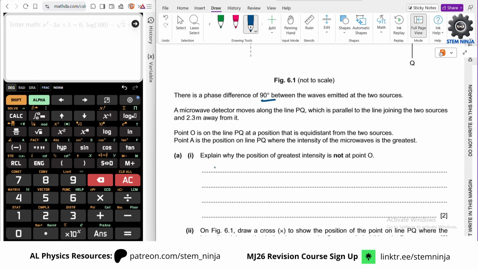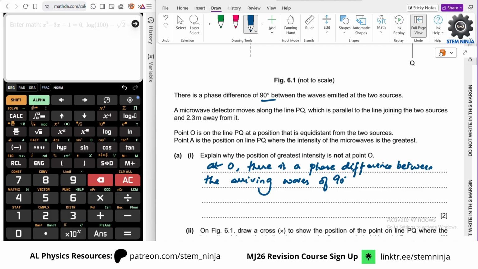So for greatest intensity at O, there would need to be no phase difference between the arriving waves, but there is a phase difference of 90 degrees between them.